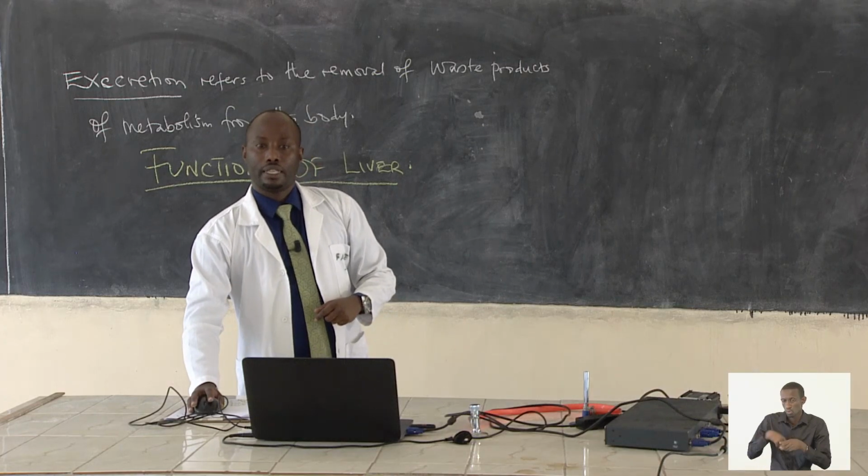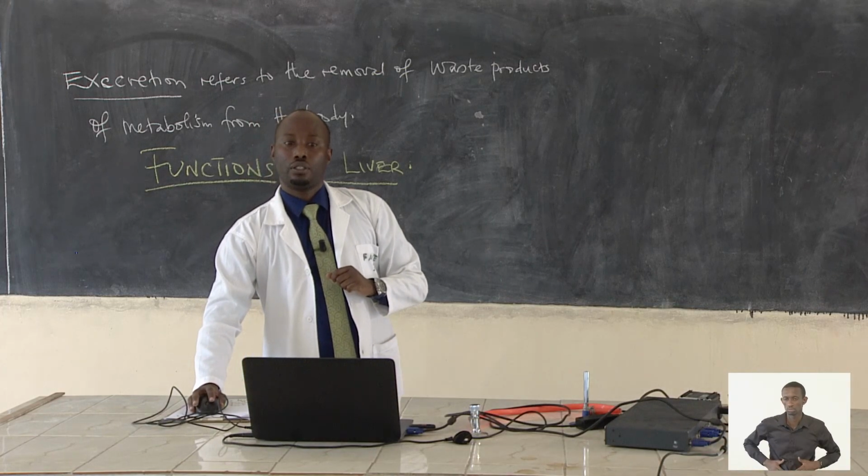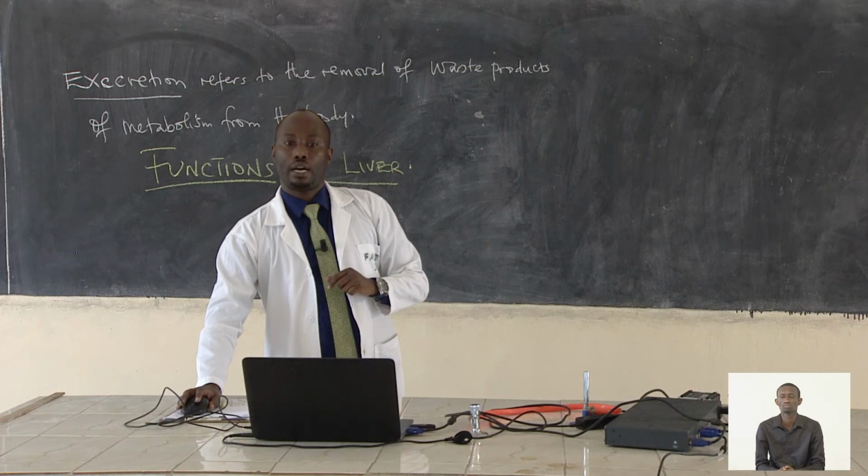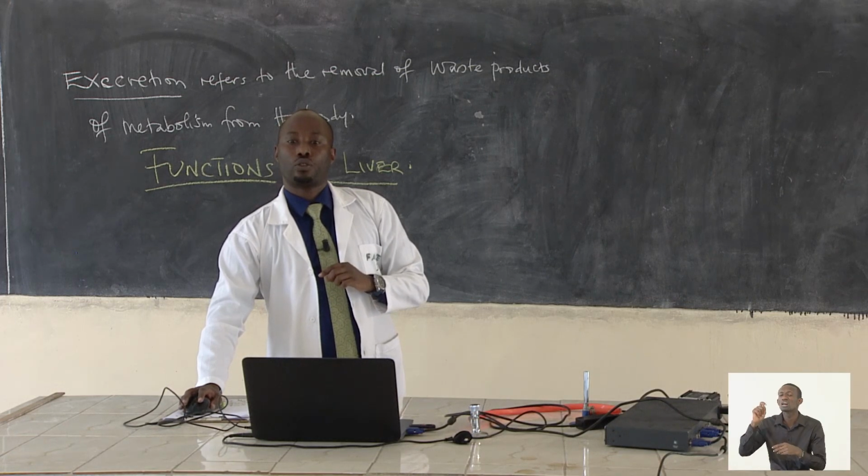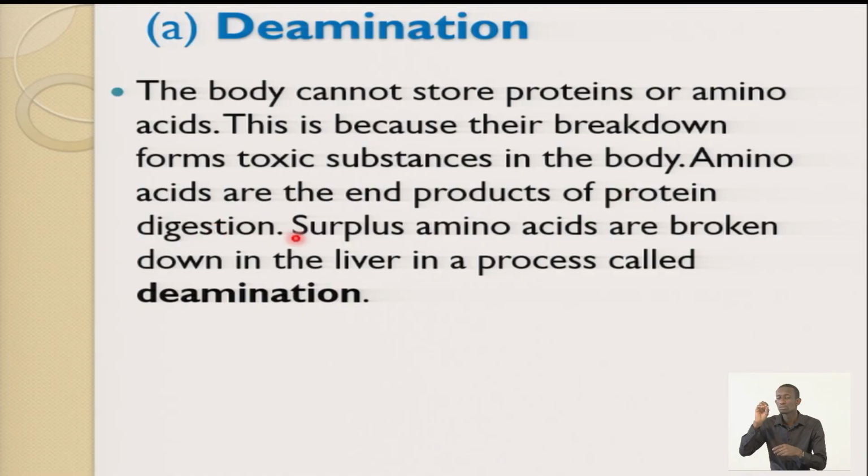So let's talk about this. This is because when they break down, they form toxic substances in the body. These amino acids are the end product of protein digestion. Surplus amino acids are broken down in the liver in the process called deamination.